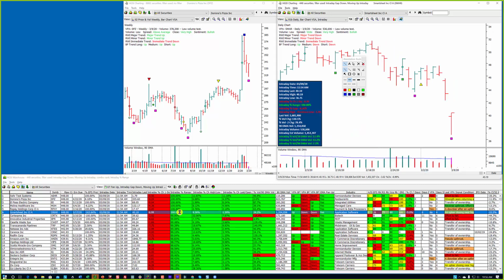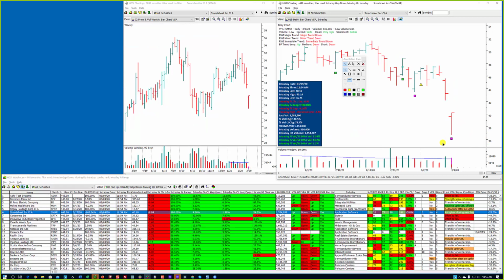Yeah, here's Smartsheet. Let's look at this one. Huge gap down. A lot of stops are taken out or just market orders, just panic. And let's do this here. Going to put this in here.